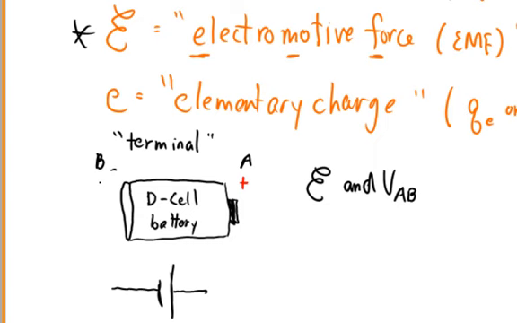And if you have an ideal source of EMF, in other words, one that has no internal resistance in it, then these two things, the EMF and the terminal voltage, are the same number.